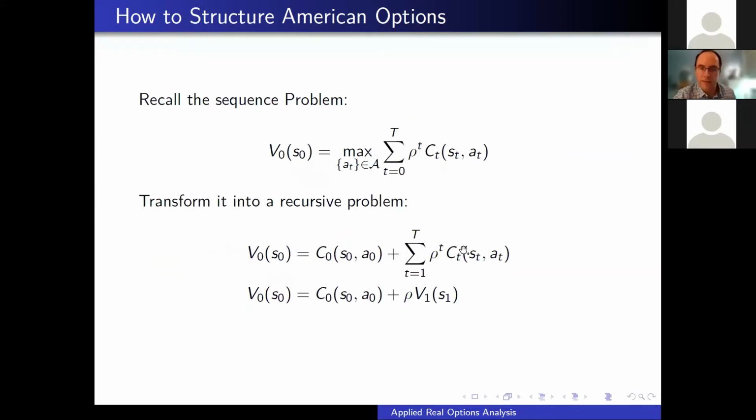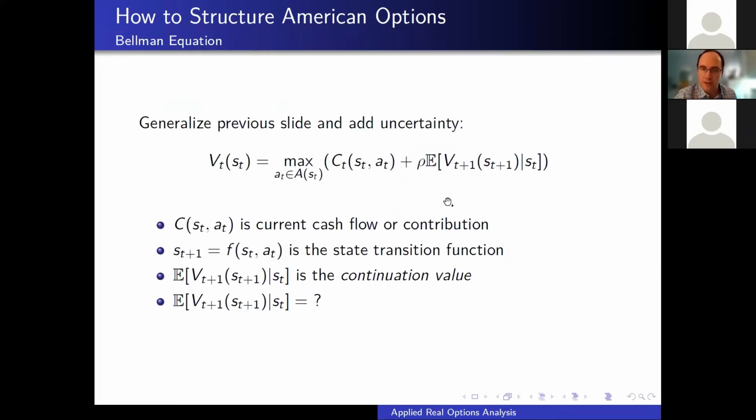But this, we now take the maximum over what we had before. Just to back up one second, this V sub 1, the future value, we generalize to the value at t plus 1, and we take the expectation to include uncertainty. And of course, C of S of t and a of t is the current cash flow, and the value tomorrow is a function of the future state, which is a state transition function.